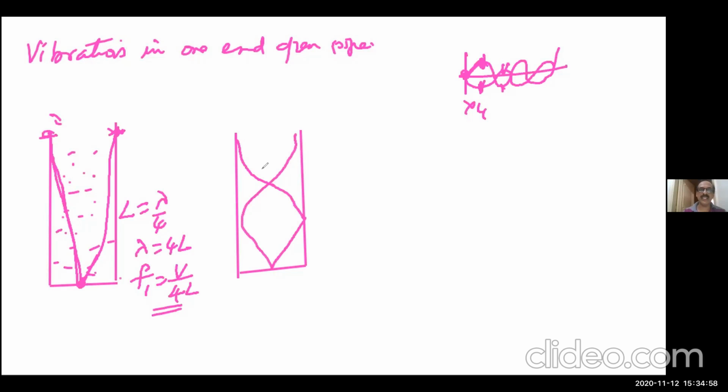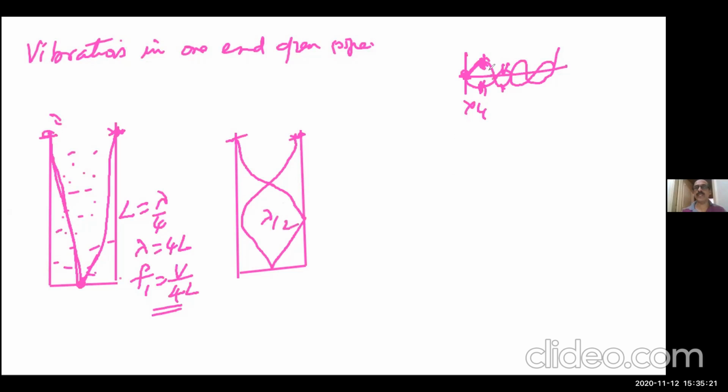This air here gets compressed, then expands, again compressed, again expands, compresses and comes out. Because always an antinode will come at the free end. In the case of a string, this is the starting point, always a node will come here. Clear?